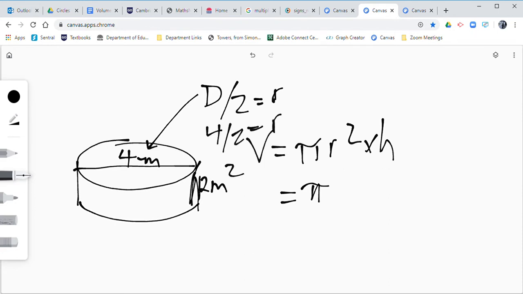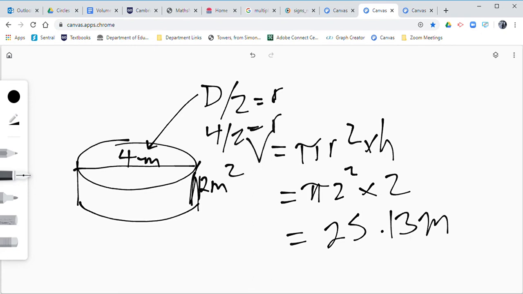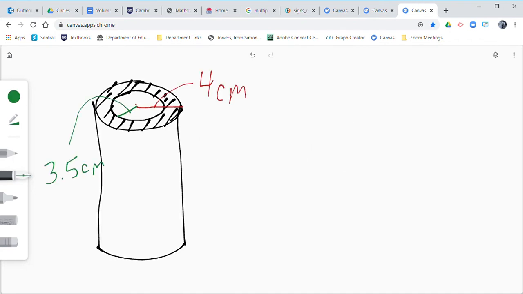So it's going to be pi times 2 squared times the height, which is 2, equals 25.13 meters cubed.